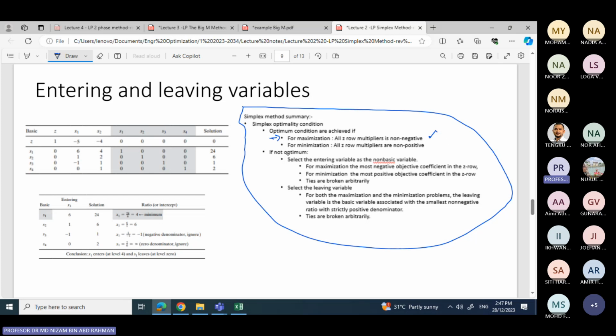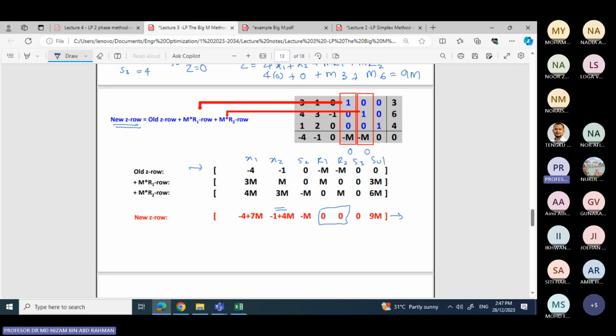But for minimization, all zero row multipliers are non-positive. Maknanya all the multipliers are negative ataupun zero. If that's the case, then you achieve optimum conditions and you can stop.